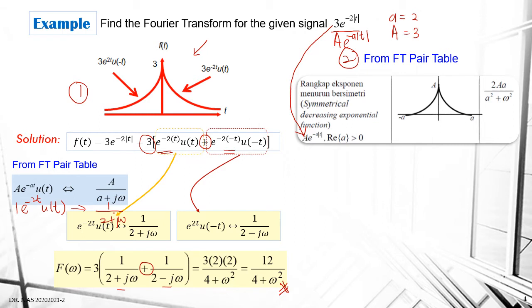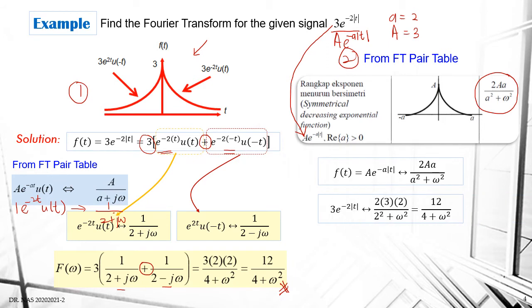So in Fourier transform, this equation will produce this. Straight away, you can replace all the values into the equation. This equation will produce 12 over (4 + omega squared). If you compare both steps, they produce the same answer.